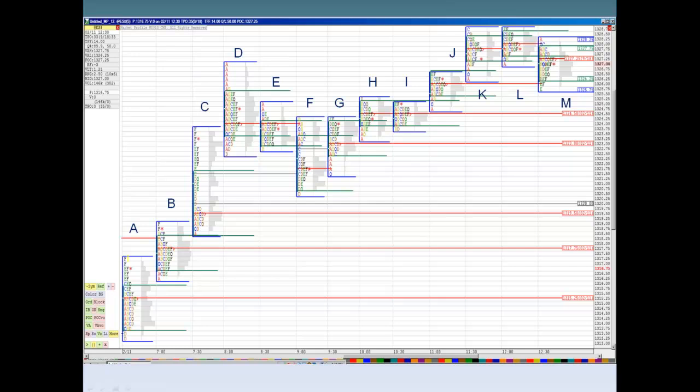Each of these periods is still a half hour, and so this is a glimpse of what happened during the half hour, a small mini profile, if you will, and each rotation in this profile is really 5 minutes. So I've broken up my half-hour increment into 6 pieces, and then I want to look at how these 6 pieces developed in the half hour.